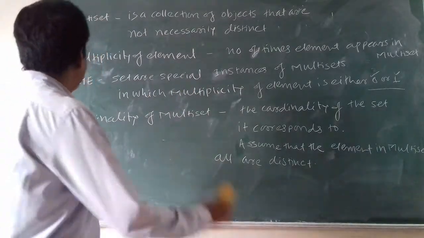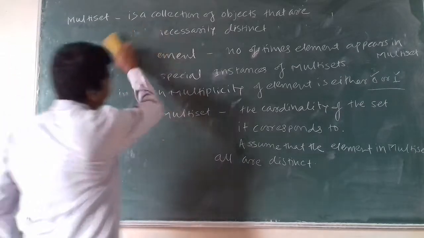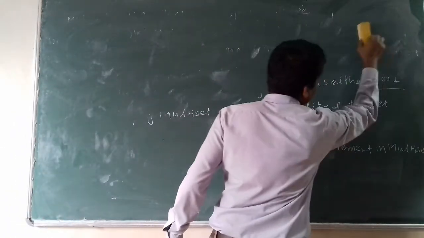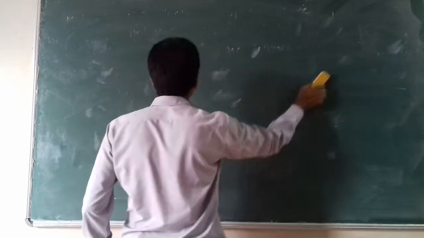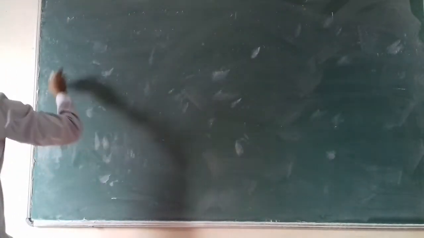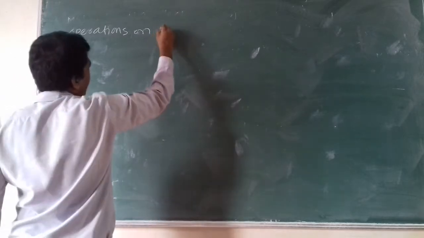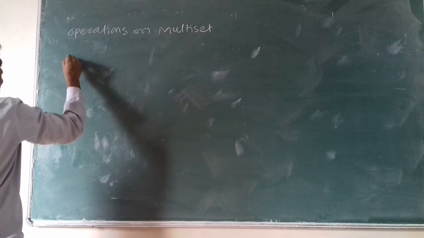Now we'll see the operations on multisets. There are four operations: union, intersection, difference, and addition. First, the union operation.